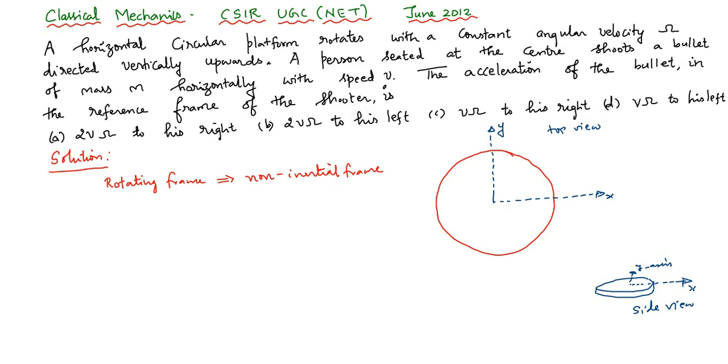Now let us draw the person. A person is sitting here at the center. A person seated at the center shoots a bullet of mass m horizontally with the speed v. So the person is here, at the center, and he is shooting a bullet horizontally.